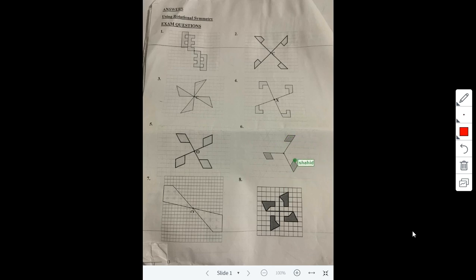But I don't want to get the triangle wrong, like if I put it here instead of here, or get any of the measurements wrong.